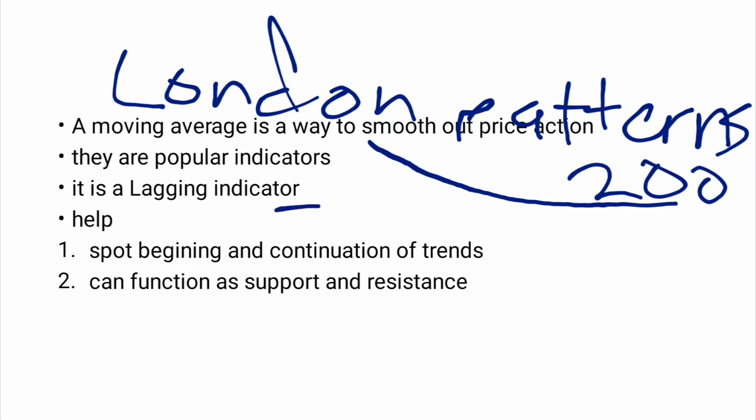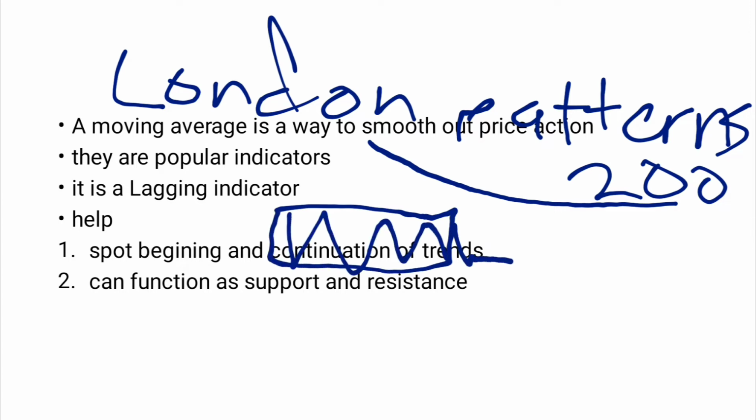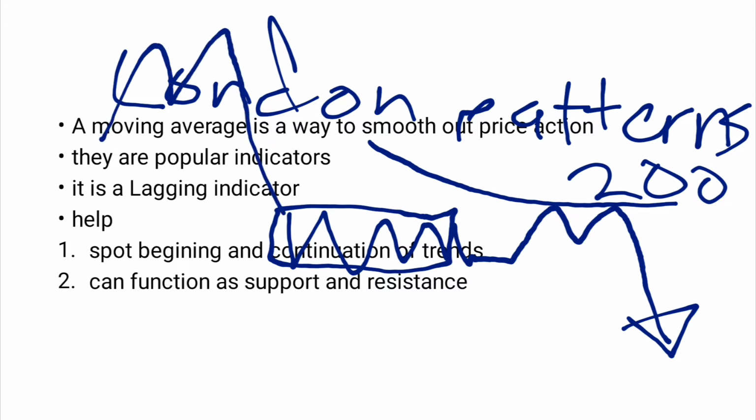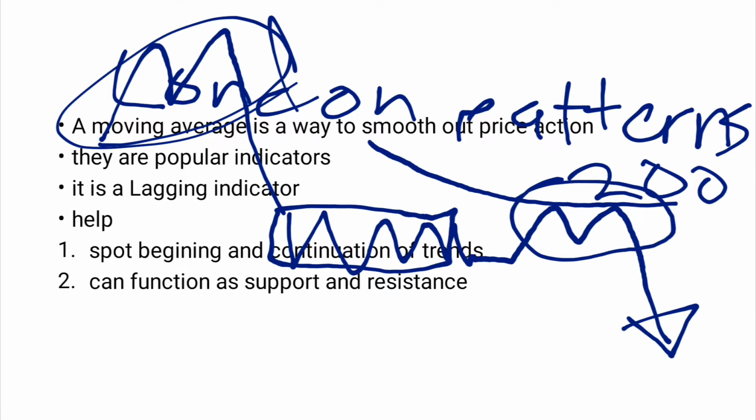Asian session price will be bouncing, and then it gives an M and then it goes down. This will be after a peak formation the previous day. So the 200 moving average is helping us to spot continuation of a trend.